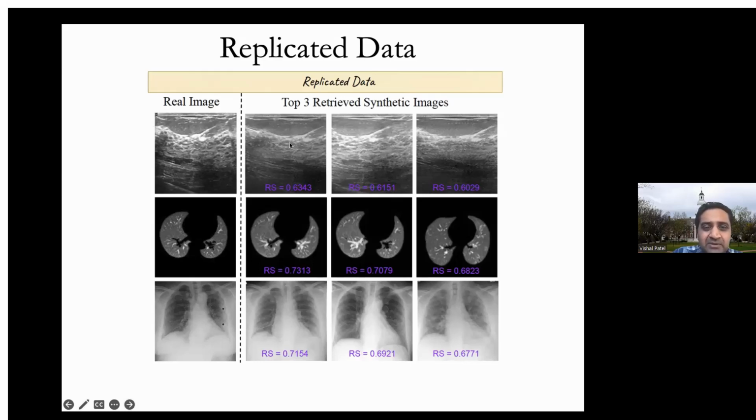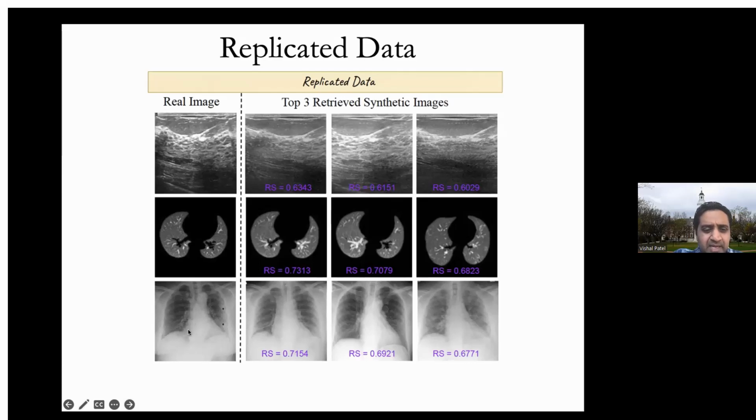As a result, the replication score is more than 60% perhaps. And similarly here, when you look at all these images, the shape of these organs is very similar. Not only that, but also the texture that you see in these objects. Maybe it's red here and black here, but it's very similar. And as a result, that is translated very well into this replication score.